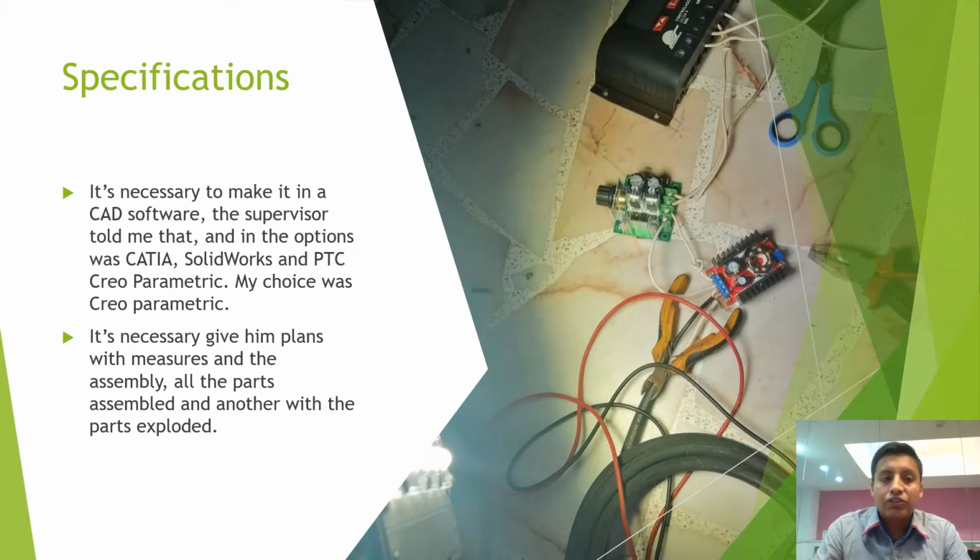Okay, for specifications, we only have the chip and H bridge. Also, we use 2 LEDs, and we have to connect to an inverter, and the specification that we have to make the models is the CAD software and the plans with measures and a model to assembly.